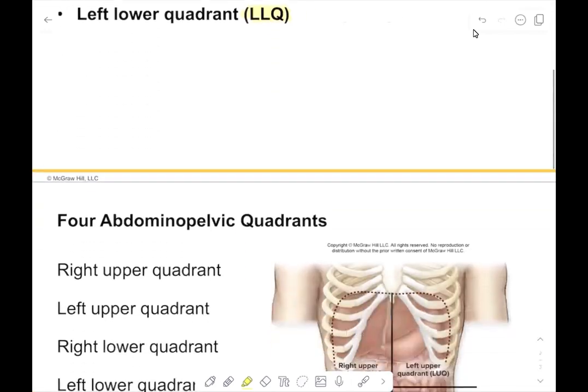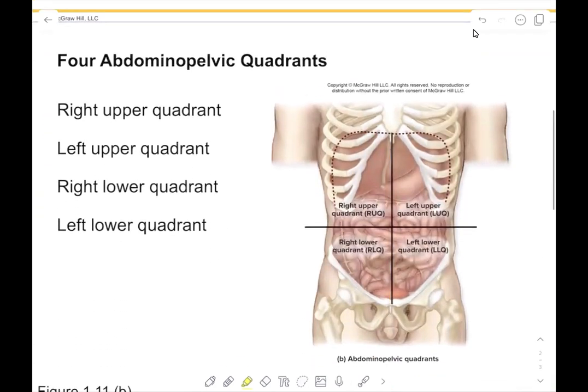So let's look at that example of the 4 abdominal pelvic quadrants. In the right upper quadrant, as you can see here, we have the large majority of the liver. There's still some liver in the left upper quadrant, but we also have the gallbladder found in the right upper quadrant.